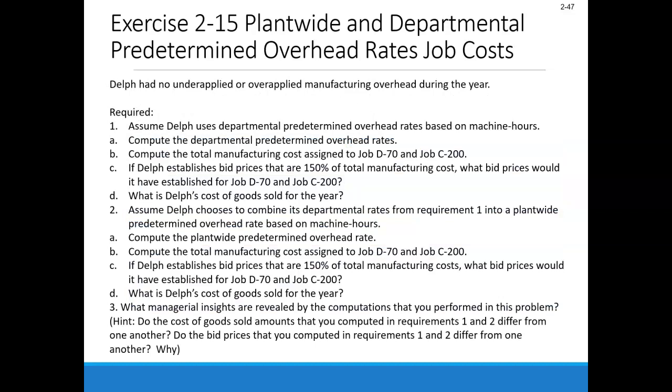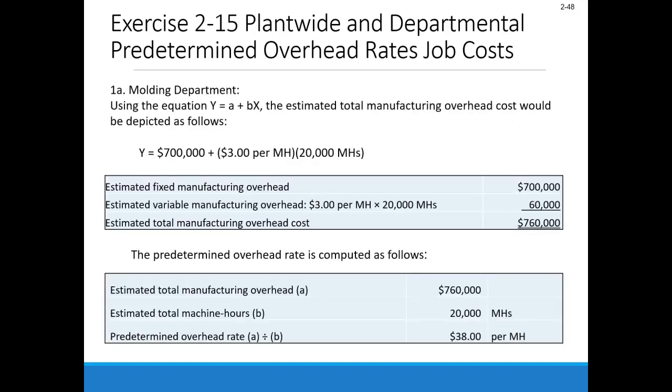So we basically have to start by using the departmental predetermined overhead rates, compute the departmental predetermined overhead rate, and manufacturing costs that we're going to assign to each. So let's start with that. In here, we've got our estimated fixed manufacturing overhead plus our estimated variable. So for molding, we know our estimated costs are going to be $760,000.